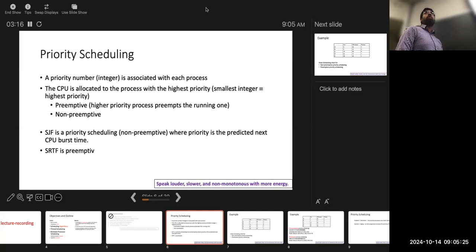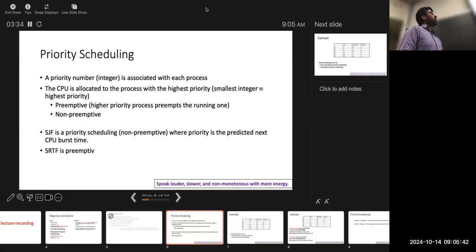But in the preemptive one, as soon as process B arrives, we check its priority. And if its priority is higher than the currently running process, we preempt the currently running process and schedule process B for execution. Okay.